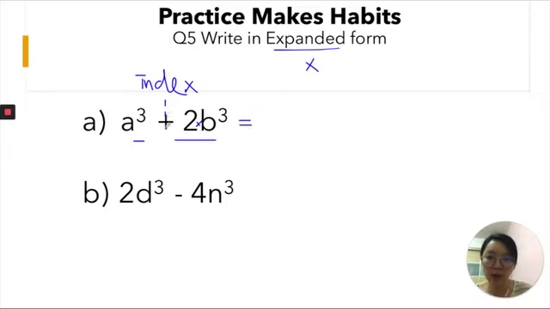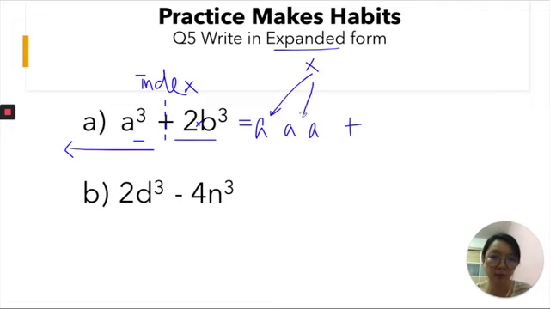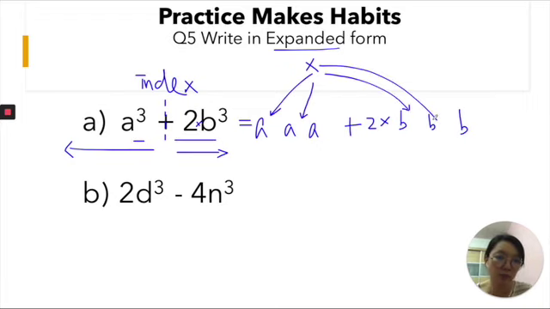There is a plus, draw a line, copy down the plus here. On the left, check. A repeating 3 times. Put A. Expand it, put in all the times in between. And on your right, I have B times 2 times B cubed. That means I have B repeating for 3 times. And then I add in the multiplication in between. And then you tell me the answer later.